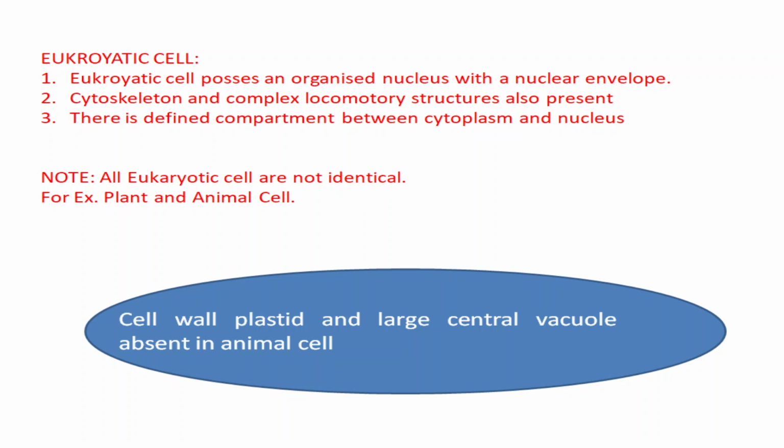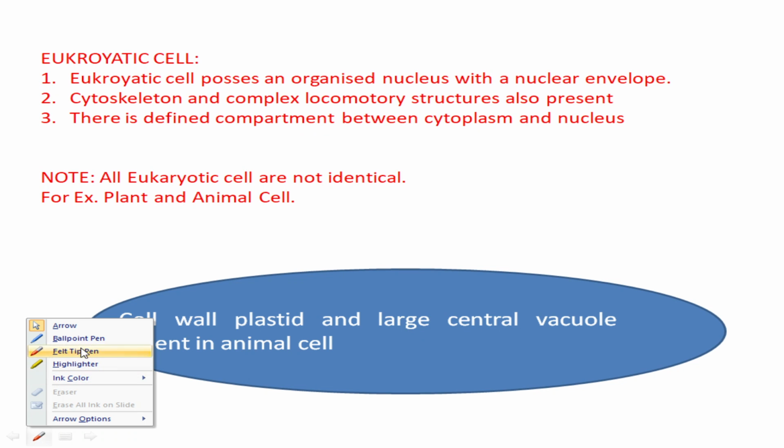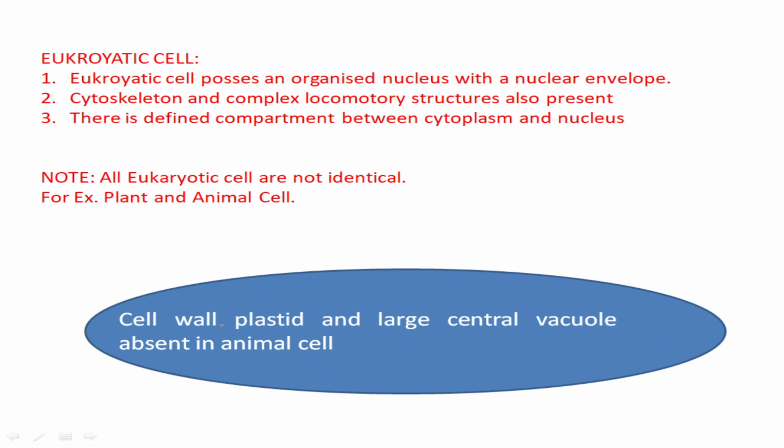Cell wall, plastid, and large central vacuole. This cell wall, you all know what this is, right? This one. This is the cell wall, and plastid and large central vacuole are absent in animal cells. The work of the cell wall is to protect plants from unwanted weather like humidity, temperature, and rain.